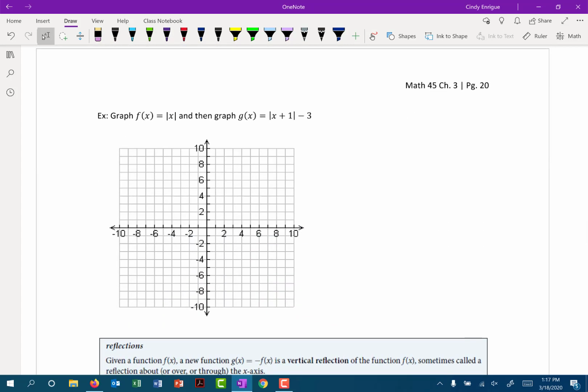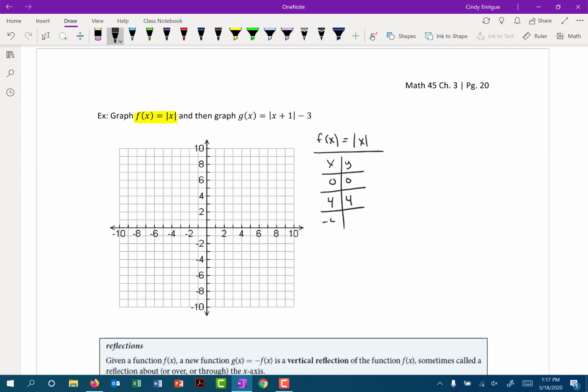Now, we are going to have to graph my original function. My original function was f of x is equal to the absolute value of x. So hopefully you know when f of x is equal to the absolute value of x, we're going to have some points. So we have some x and some y points. So I know the absolute value of 0 is 0. The absolute value of 4 is 4.